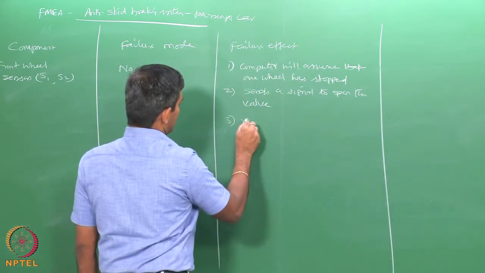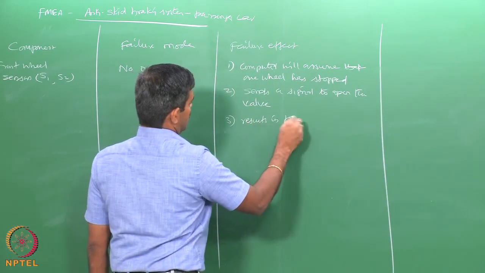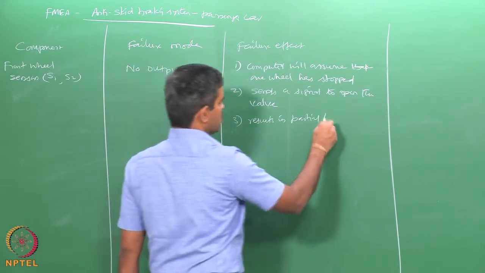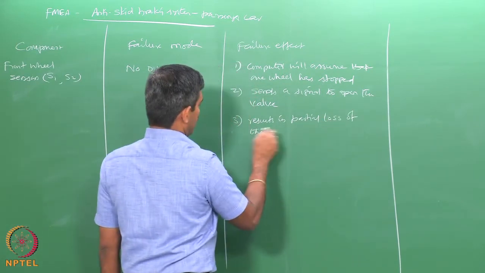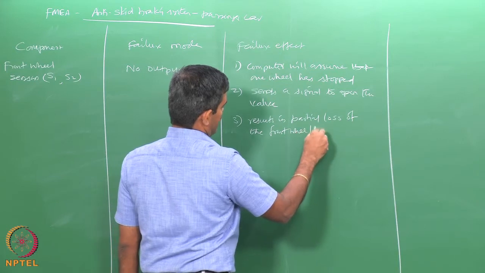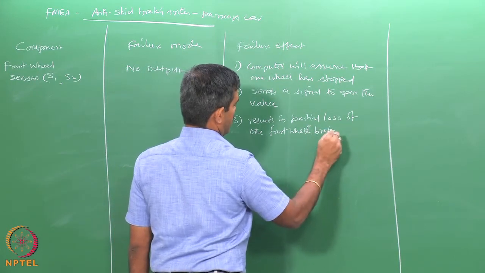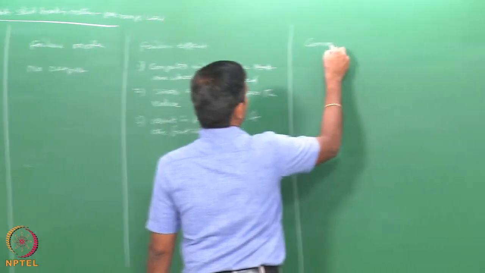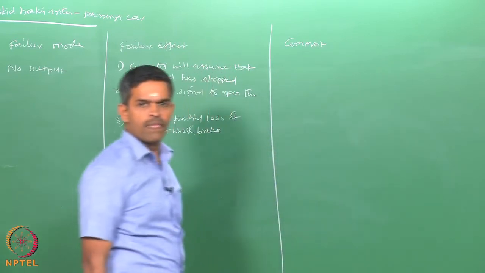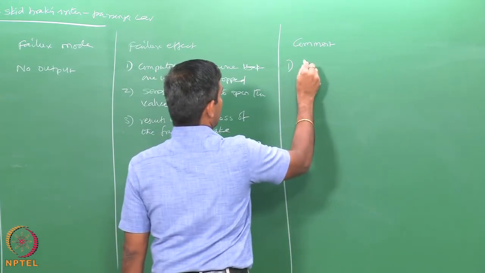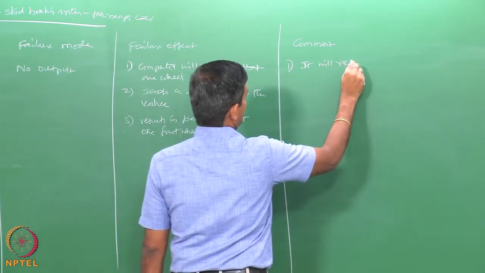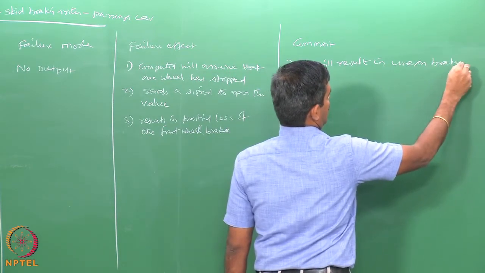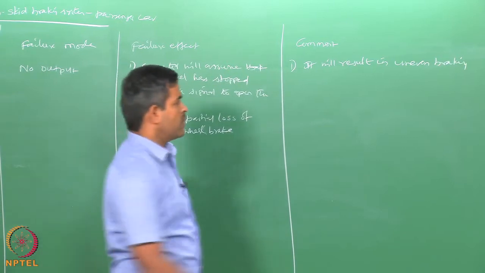So, the result will be partial loss of the front wheel brake. That is a consequence. So, the comment, recommendation, observation can be that it will result in uneven braking on the front wheels.